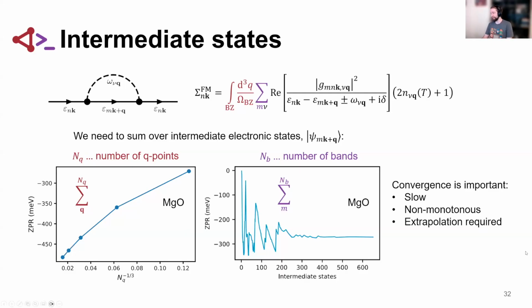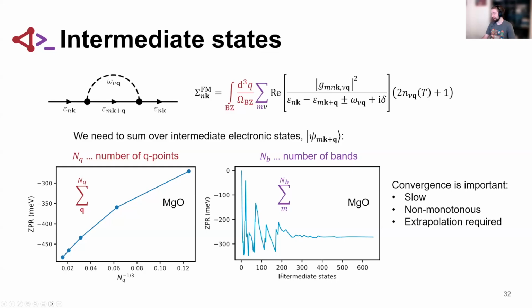All right, and then the other term you have to converge is the sum over states. And this is unfortunately quite tricky. You see here that the convergence behavior as you increase the number of states that you sum over is extremely erratic. There is no real system to it until you get to a regime where the difference just gets very, very small, and at some point it becomes converged.